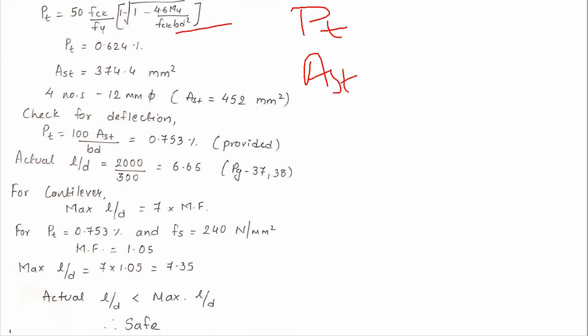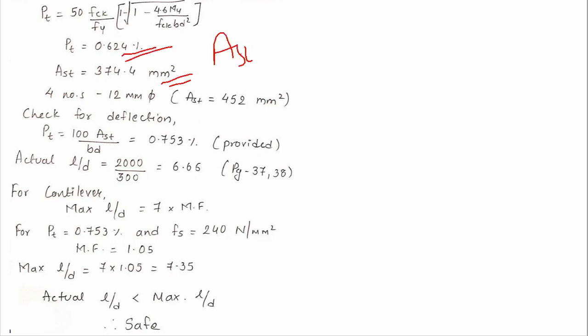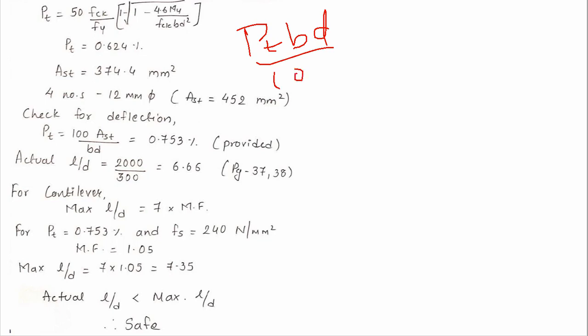Using the same equation, pt comes out to be 0.625, and Ast is found from the equation pt bd by 100. Clear? So we get the value 374.4.